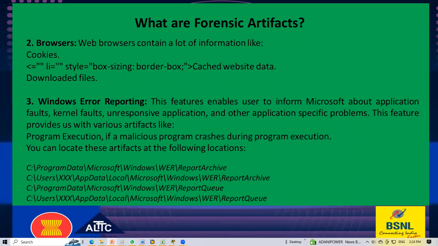This feature provides us with various artifacts, like program execution. If a malicious program crashes during execution, you can locate these artifacts at the following location: C:\ProgramData\Microsoft\Windows\WER\ReportArchive, and similarly for different users.